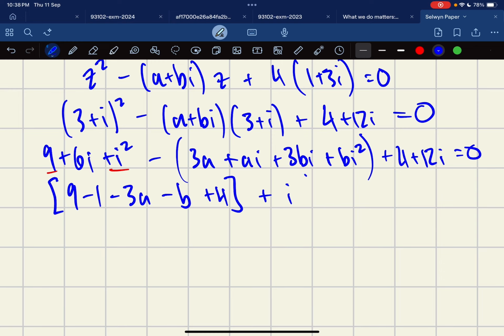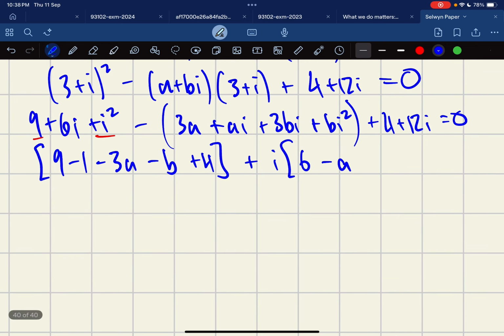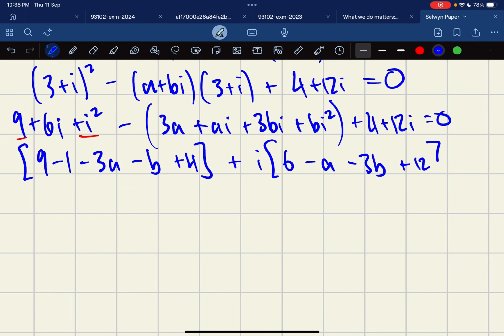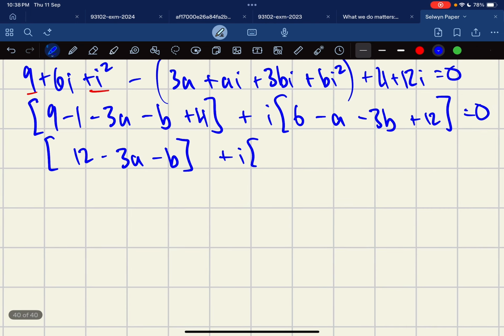And then the imaginary parts are going to be the 6i, and then minus a, minus 3b, and then plus 12. This equals 0. So simplifying this down, you get (12 minus 3a minus b) plus i times (18 minus a minus 3b) equals 0.